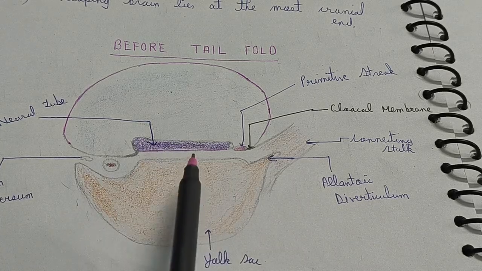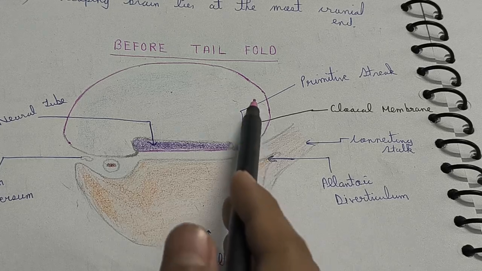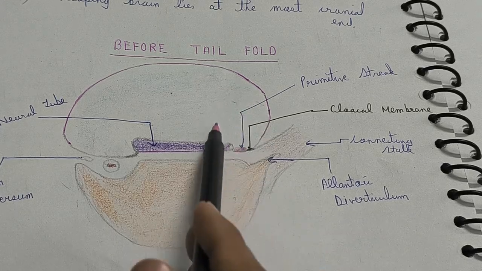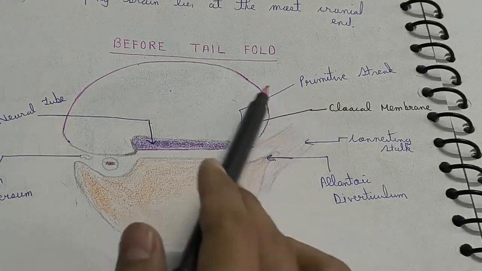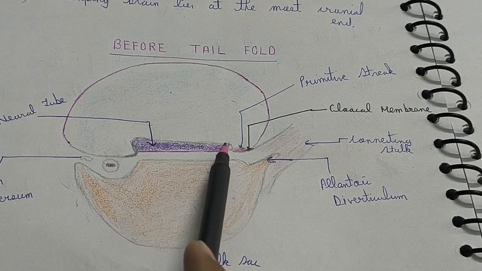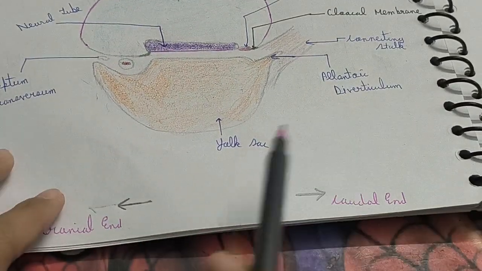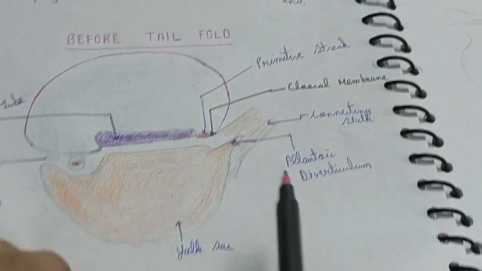So this is the condition. In tail folding we are going to mainly discuss this part. You should see that this is the cranial end and this is the caudal end.